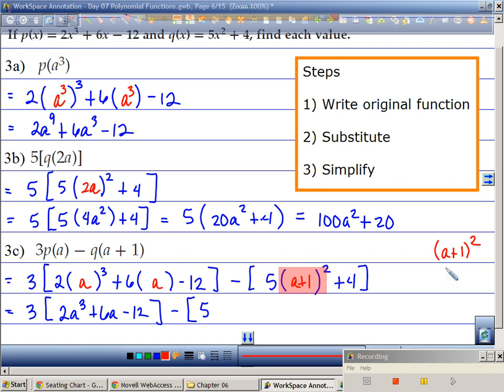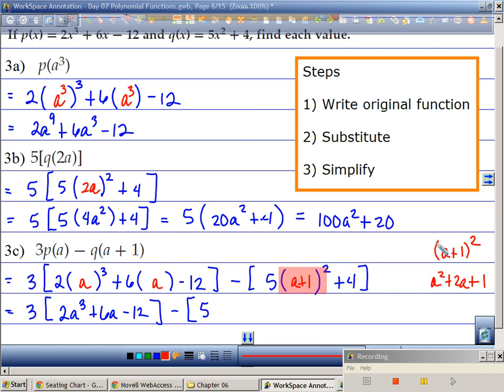Not a squared plus 1. A squared plus 2a plus 1. That's a perfect square trinomial, because there's 2 of them. Very common misconception. So don't feel bad if you didn't catch it. That is saying a plus 1 times a plus 1.